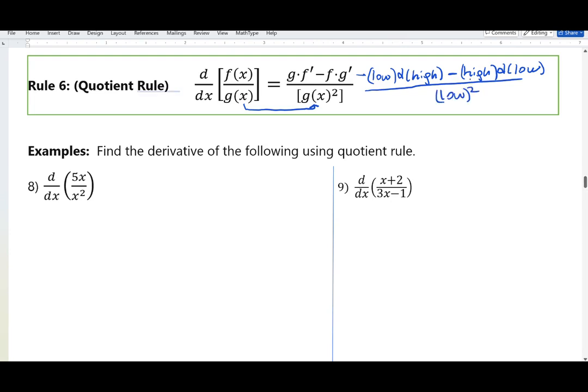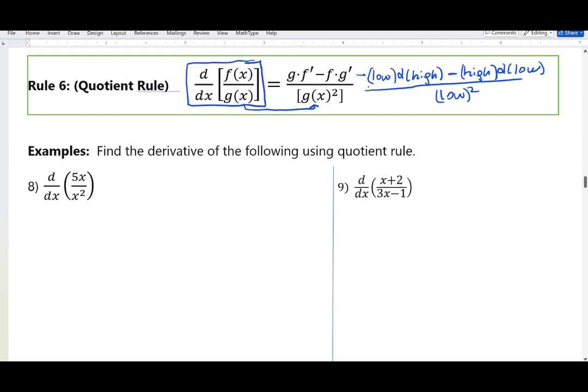And there's even a little rhyme that goes with it to help you memorize. So low d high less high d low, draw a line down below, denominator square root go, something like that. Again, you may have your own way of remembering this, but this helped me when I was learning the quotient rule.